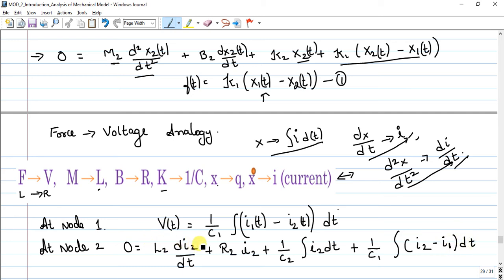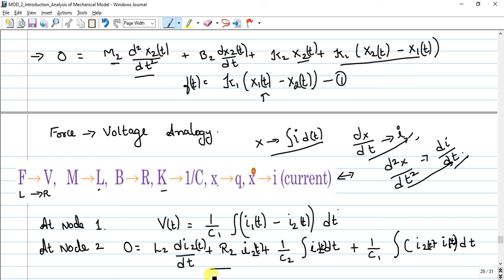See, you need not neglect this, so you can consider i2 of t with respect to time domain. So this will be your second equation at node 2.